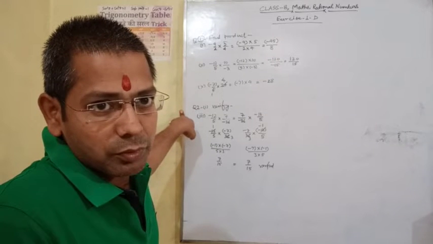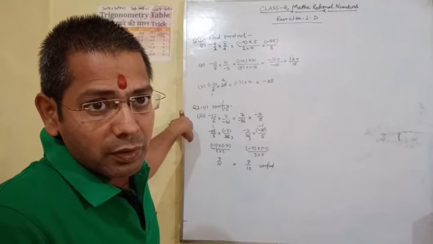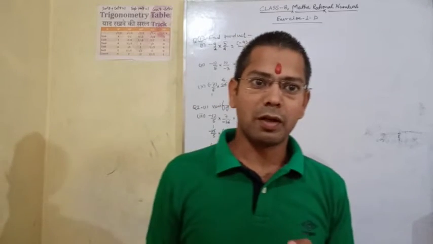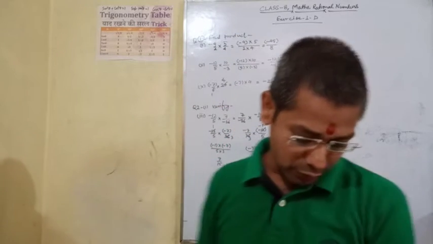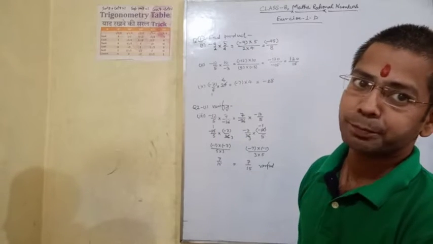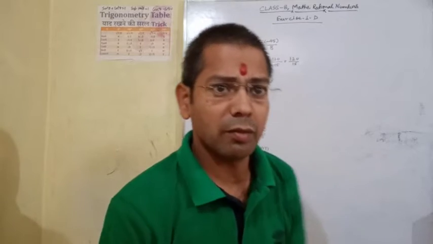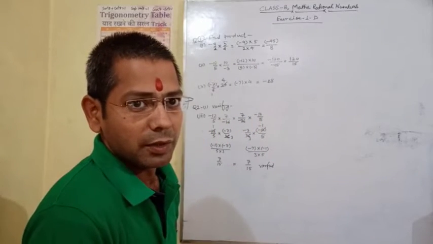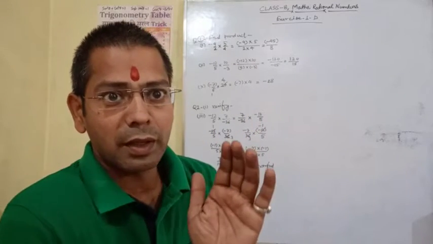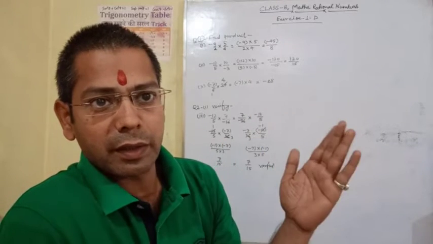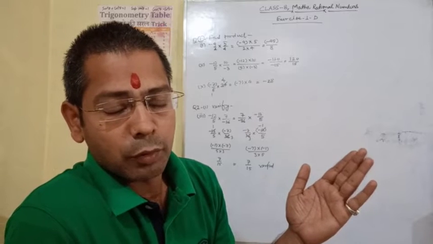The second question asks us to verify the following products of the rational numbers, in which two rational numbers are multiplied to each other. We have to multiply the rational numbers on the left side of the equal sign and on the right side of the equal sign.